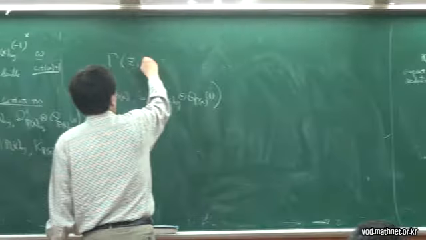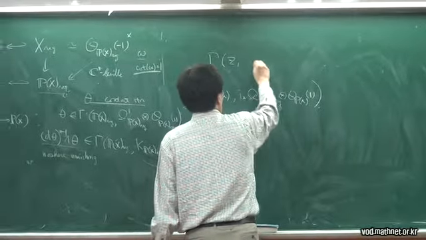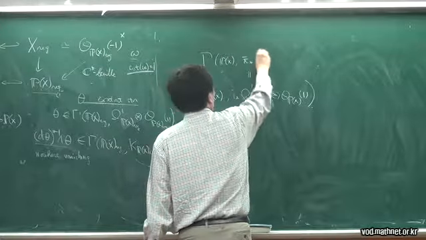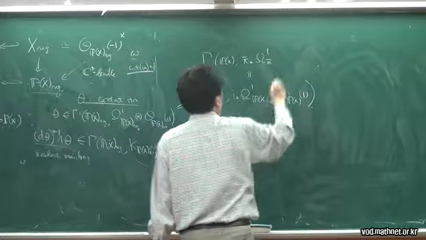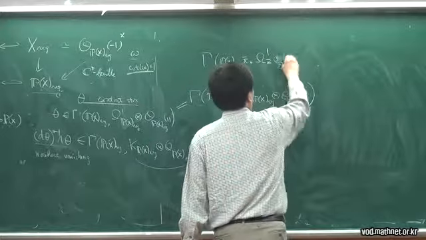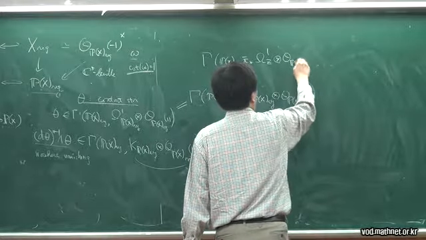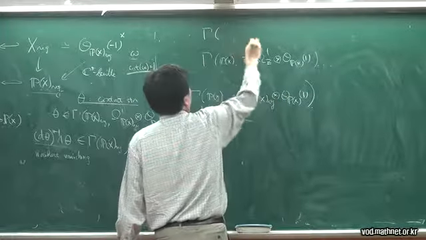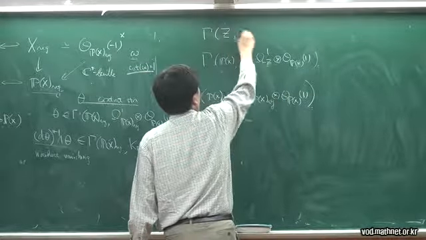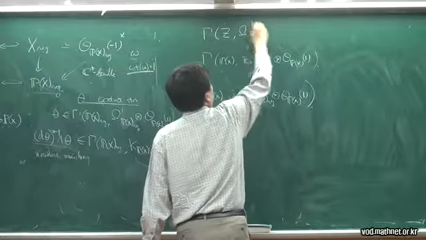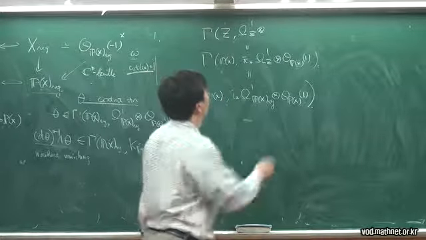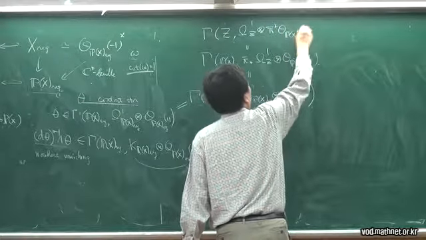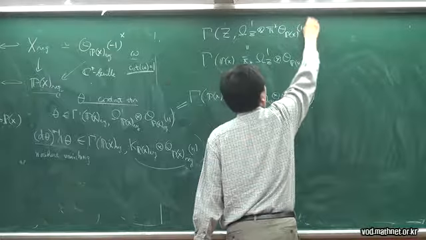So we have Z, π, P(X) bar Z. Of course, this is times O_{P(X)}(1), and this is nothing but Ω_Z^1 times π star O_{P(X)}(1).